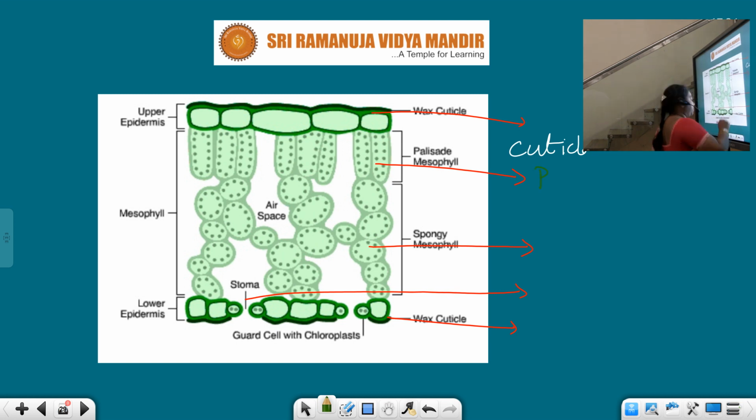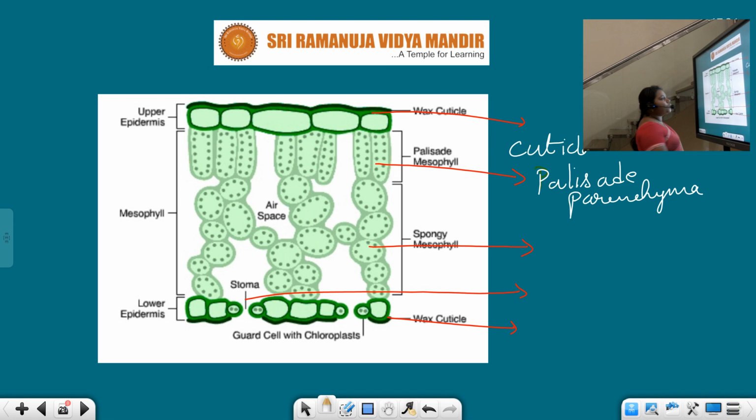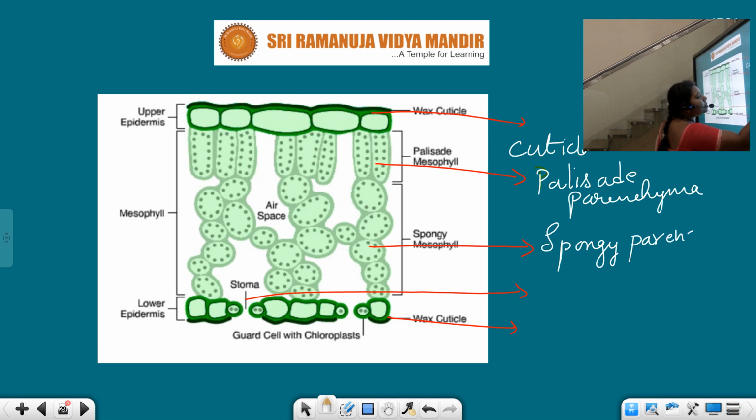See, palisade parenchyma, and next to this we have spongy parenchyma, and here is the lower epidermis.